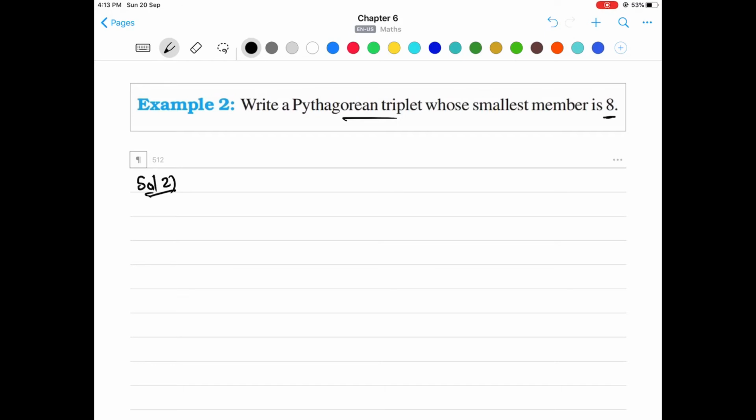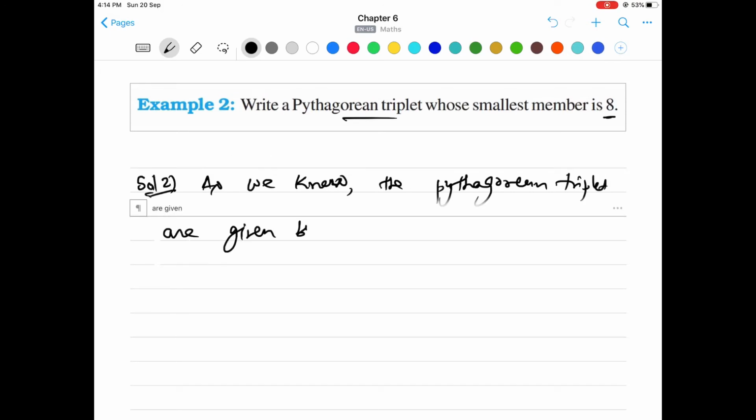We know the Pythagorean triplet is given by three numbers: 2m, m square minus 1 and m square plus 1.